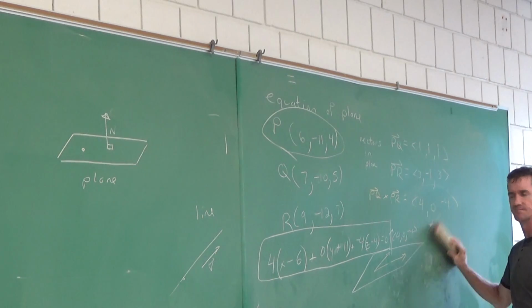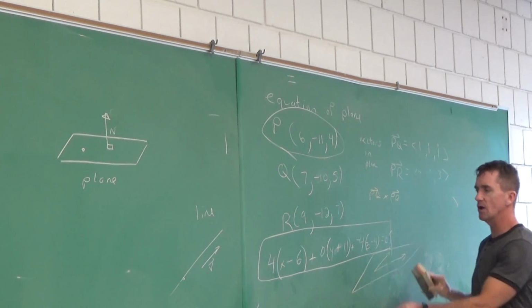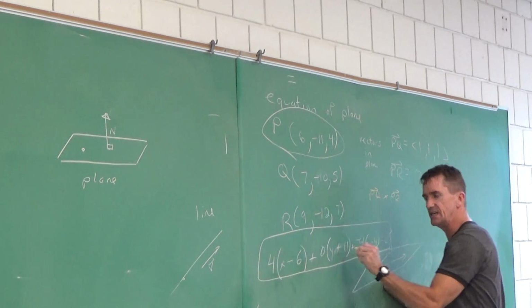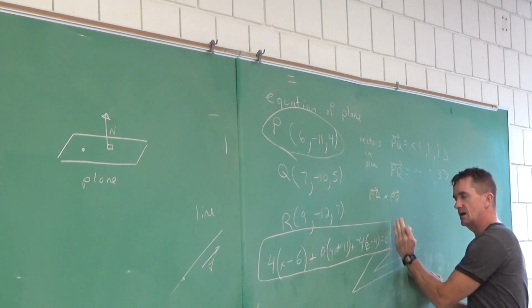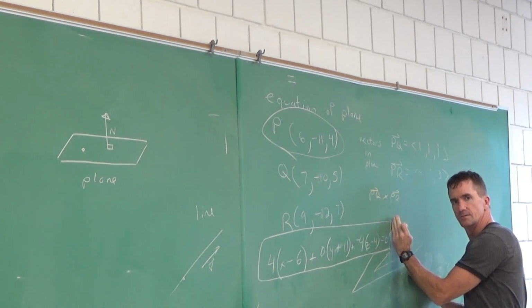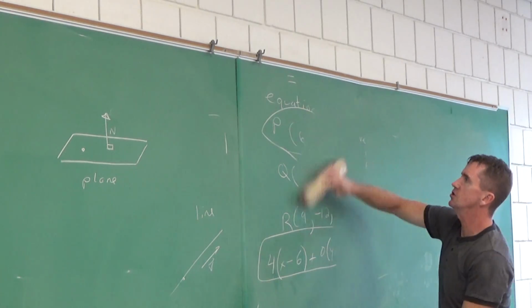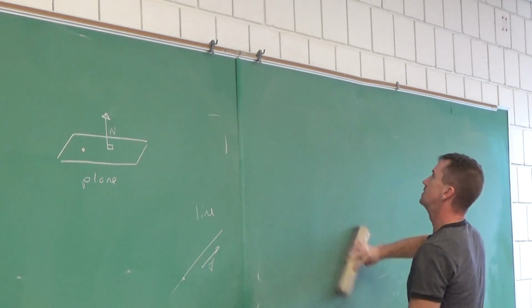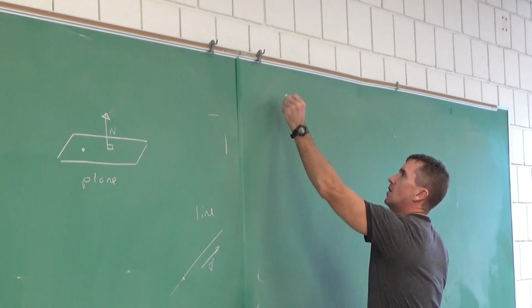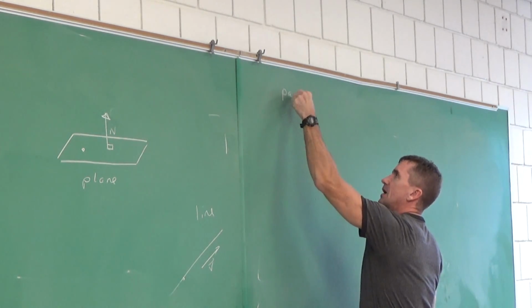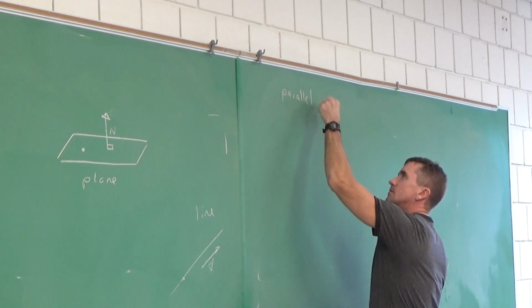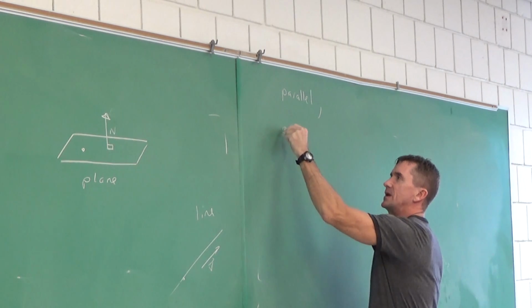So can I erase this? Now you all notice these numbers in front of the x, y's, and z's, they represent the normal vector, right? That's key. Well, how do you know if 2 planes are parallel? Or are they perpendicular?